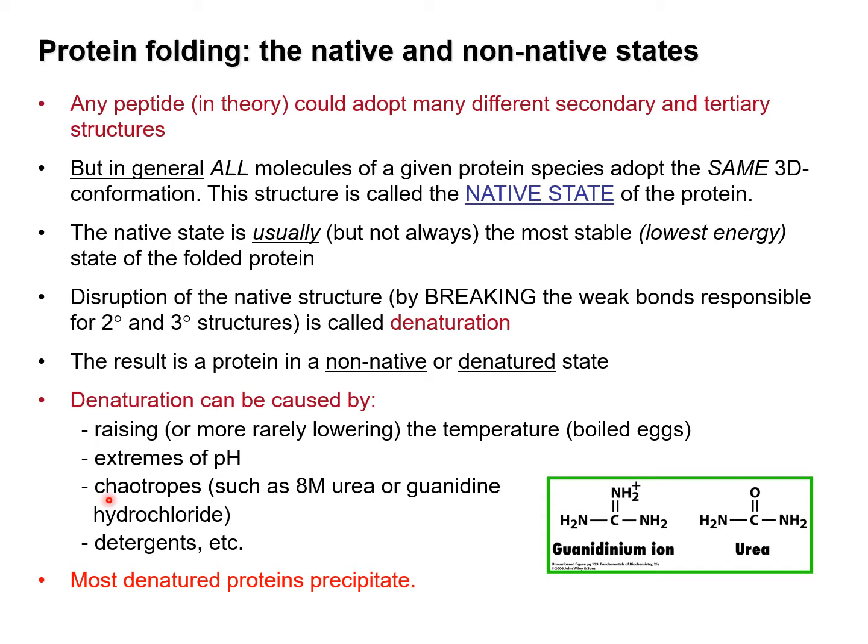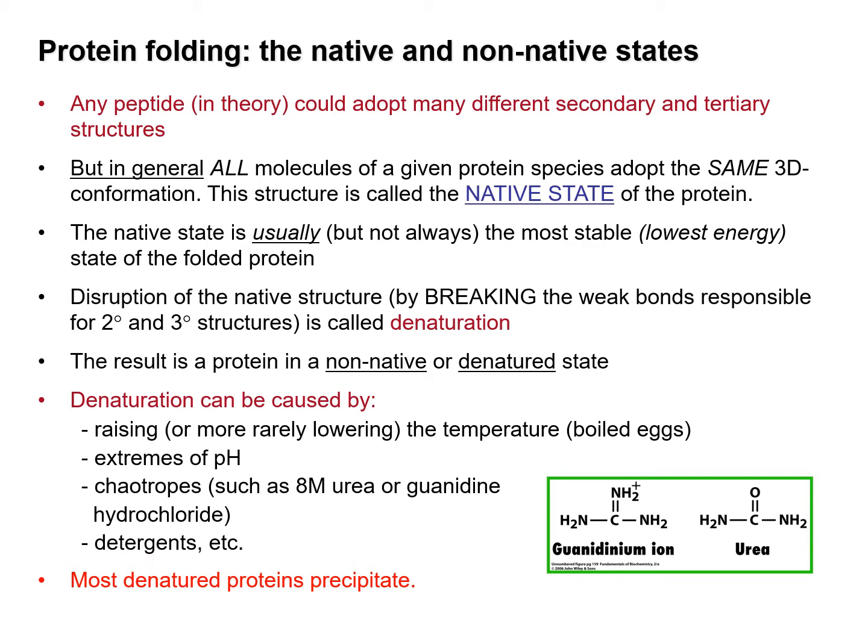And examples of chaotropes would be guanidine hydrochloride or the guanidinium ion, as well as 8 molar urea, which is a really high concentration, that can disrupt the interactions within the protein. And also detergents cause denaturation too.